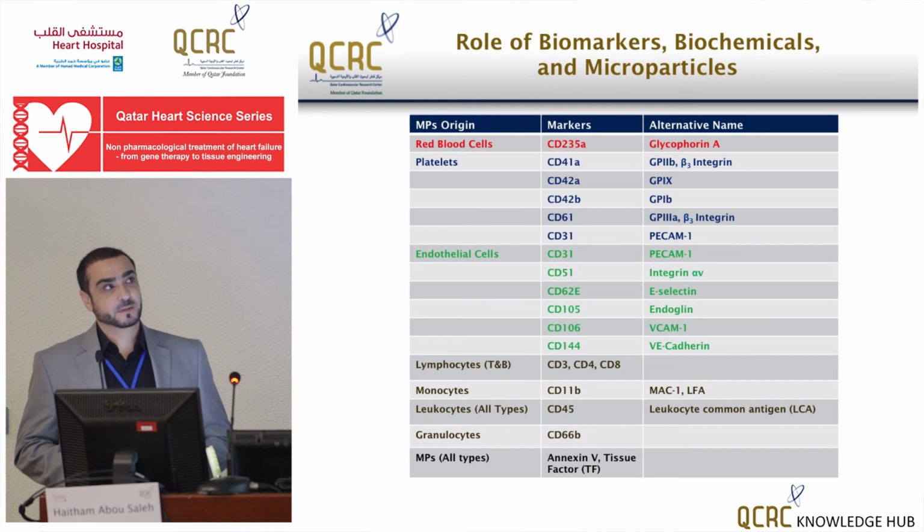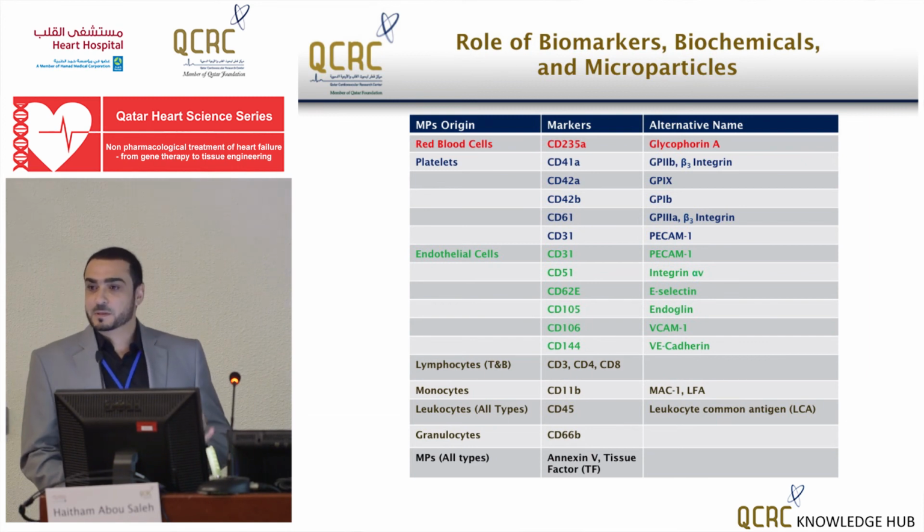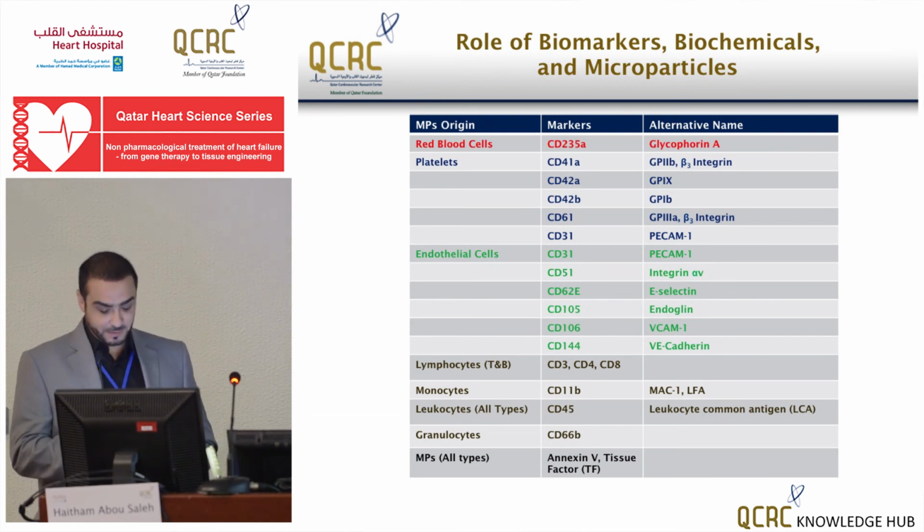For example, CD41 and CD61 as well as CD42b are specific markers for platelets. Same for the endothelial cell and different populations of leukocytes. So this will help us to identify specific subtypes of microparticles.